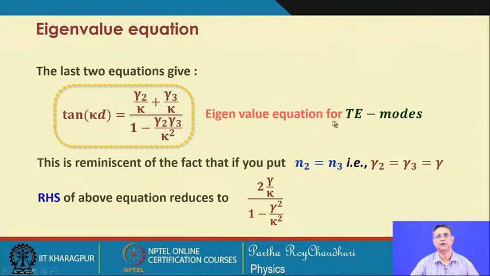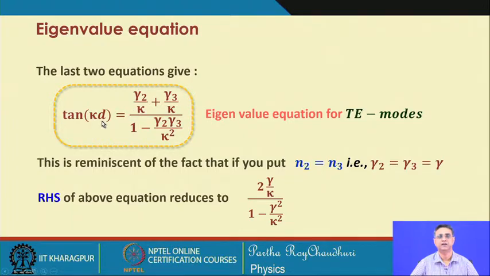Therefore, you get the eigenvalue equation for TE modes in this form. For TE modes, the eigenvalue equation is this. It takes care of both the symmetric and antisymmetric modes, and we can easily show that by taking this equal to tan theta 1, and this equal to tan theta 2. So, tan theta 1 plus tan theta 2 divided by 1 minus tan theta 1 into tan theta 2 will give you tan of theta 1 plus theta 2.